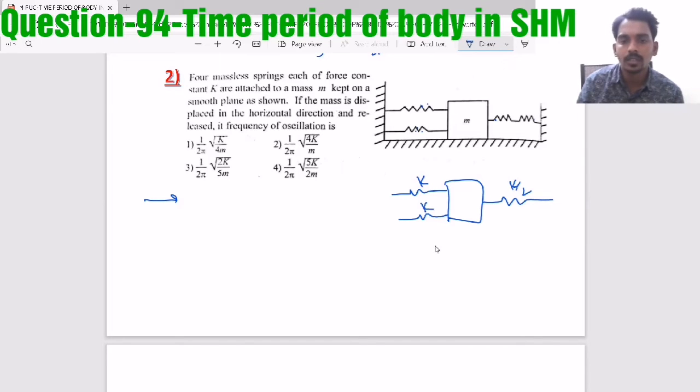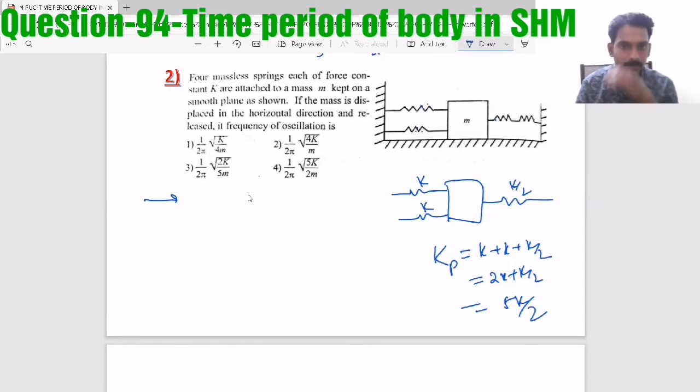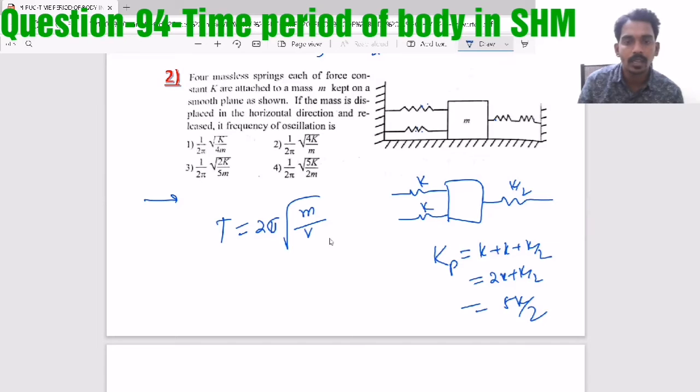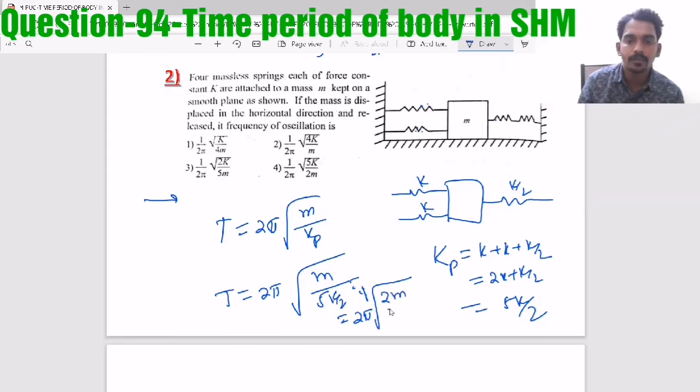Now all are in parallel, so the effective will become k plus k plus k by 2, so 2k plus k by 2, that means 5k by 2. So the time period is 2 pi root of m by k effective. So t equal to 2 pi root of m by (5k by 2), which equals 2 pi root of 2m by 5k.